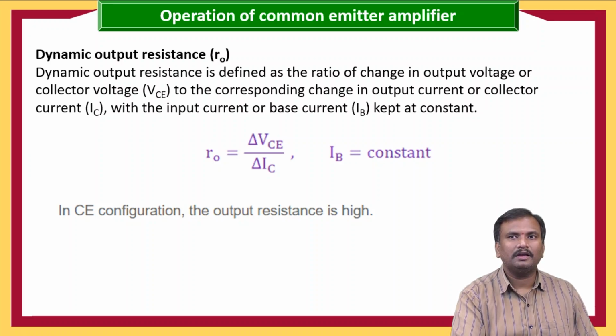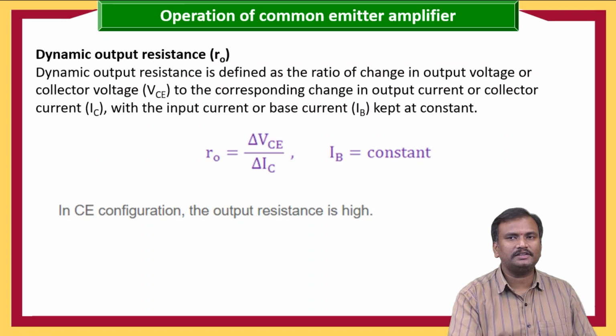Here we are keeping IB constant, where Ro equals delta VCE by delta IC. In CE configuration, output resistance is high.